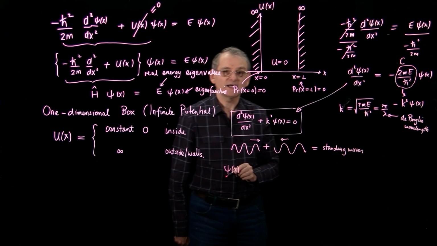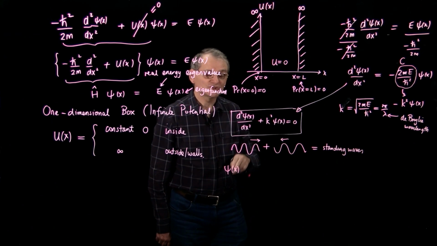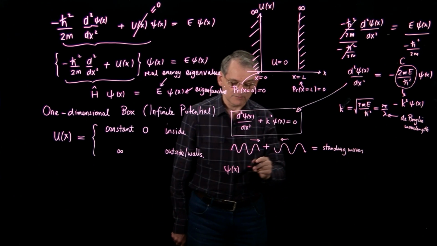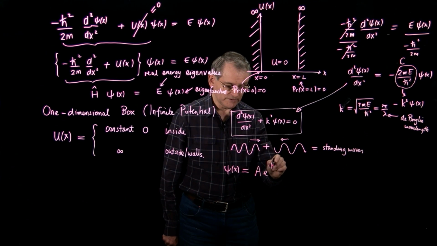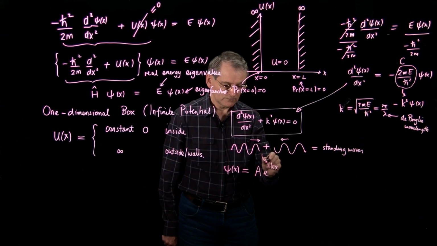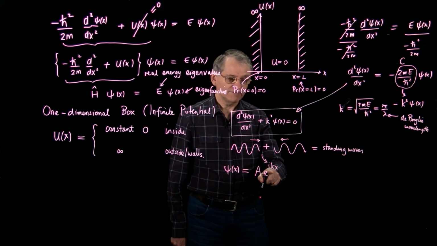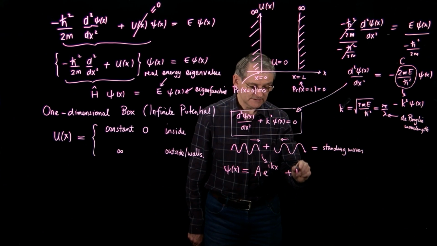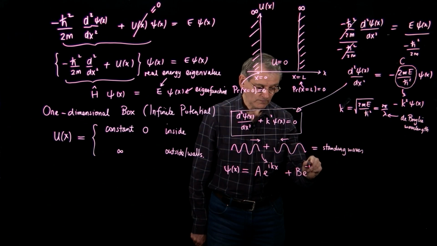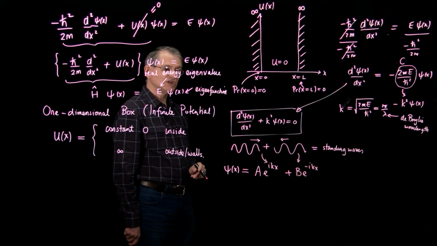Now, this is not exactly how it's done in the notes. The notes use a slightly different but entirely equivalent approach to this. So here's my wave traveling to the right with certain amplitude, k vector or k wave number or wavelength, plus a wave traveling to the left. So that's the general solution.